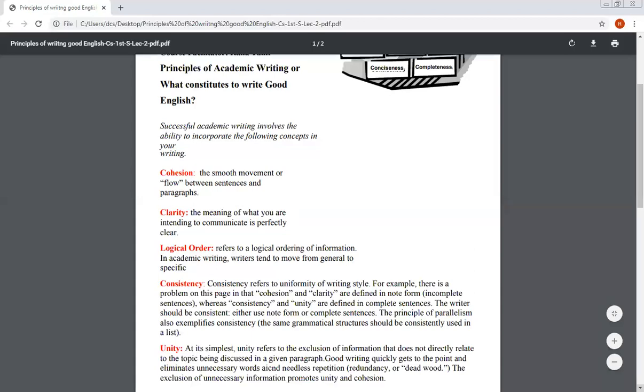Let's look into cohesion in the context of paragraph development. This is a smooth movement or flow between sentences in paragraphs. We studied earlier that a paragraph contains a number of well-connected sentences.